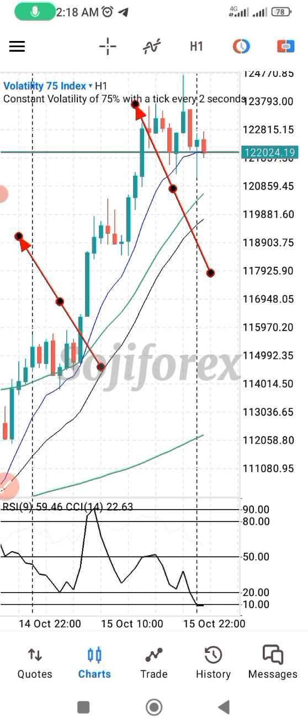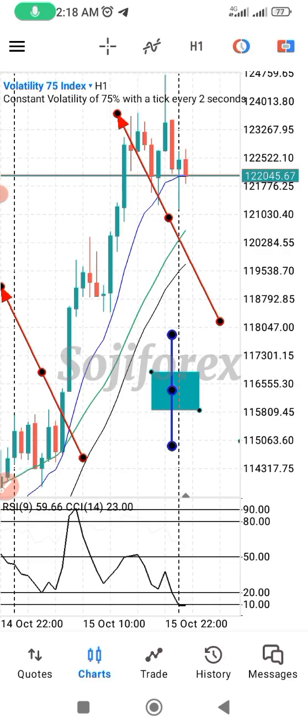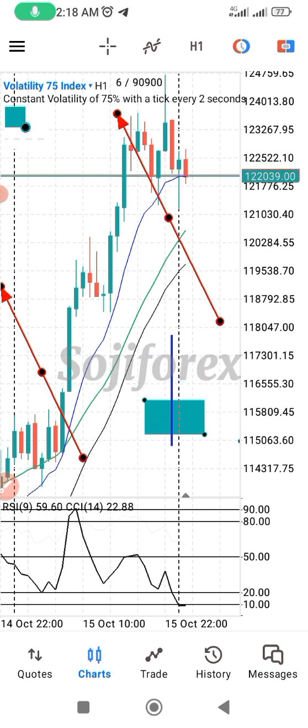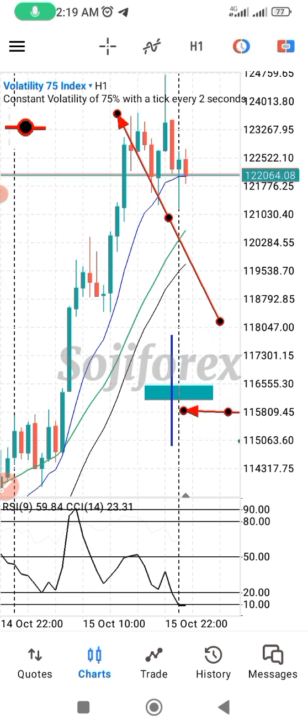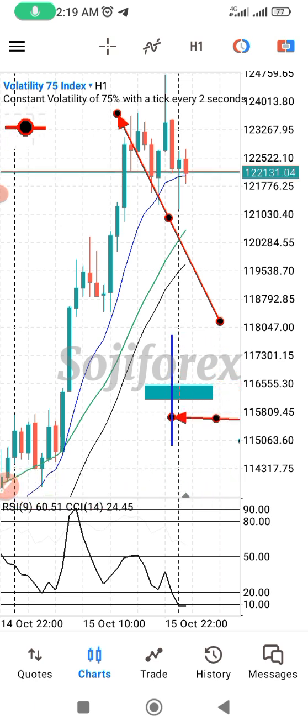And the third outcome of this behavior is that price can go up, in this scenario, go up, come down, go up, come down, and eventually close in between, and it becomes what? A doji. So what this means is showing the weakness of both the buyer and the seller.